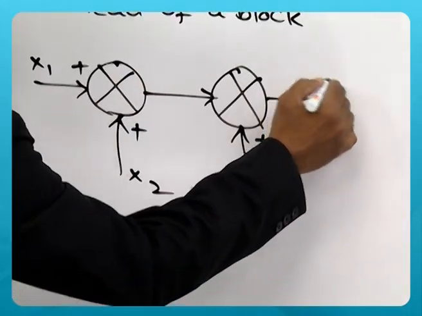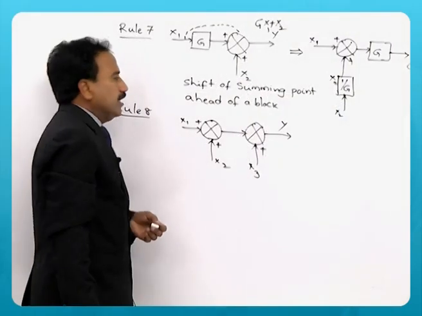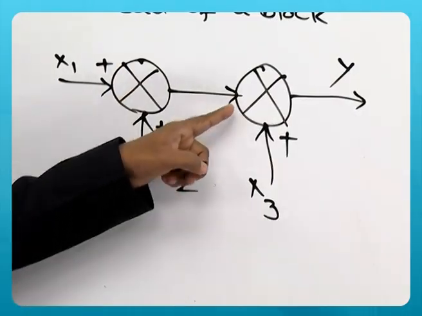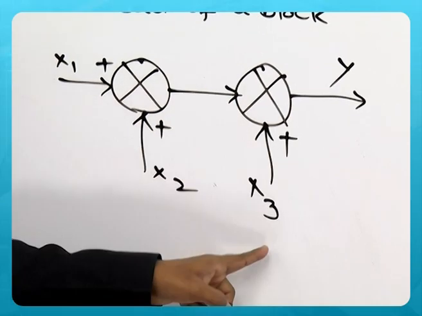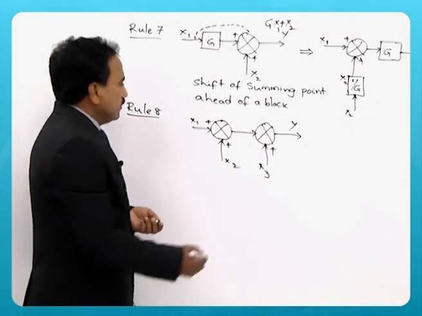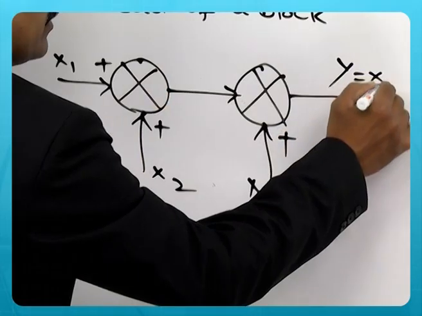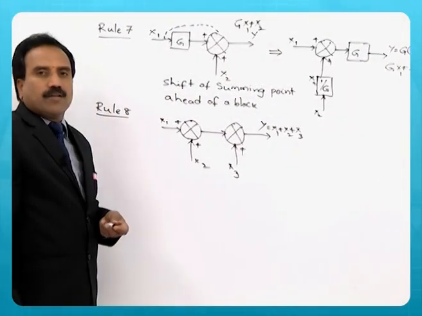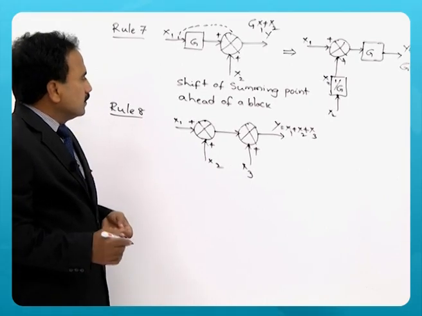Then the output y here is the sum of these two signals coming up to this summing point, and this signal is also added here. So, the final output here is x1 plus x2 plus x3, the sum of all three signals.